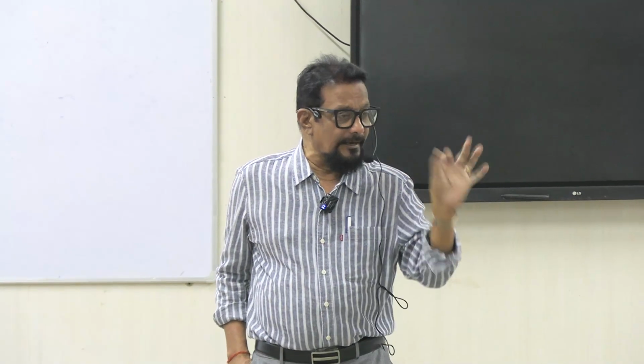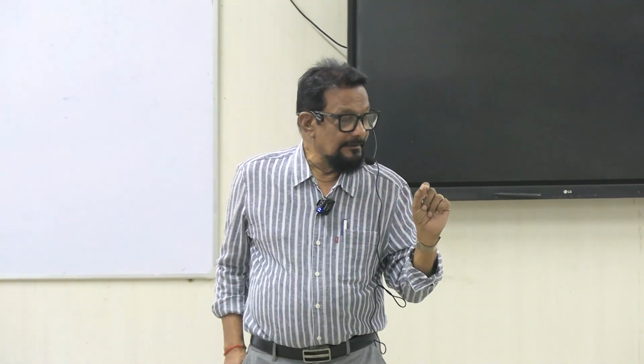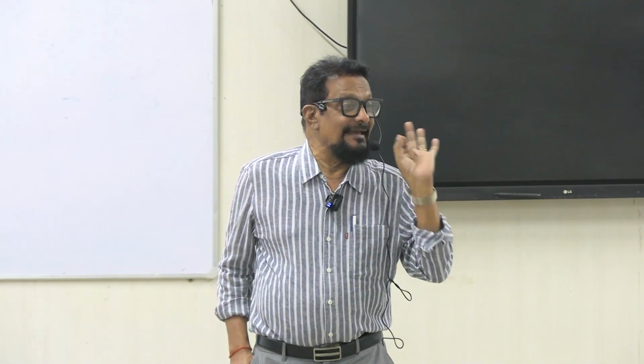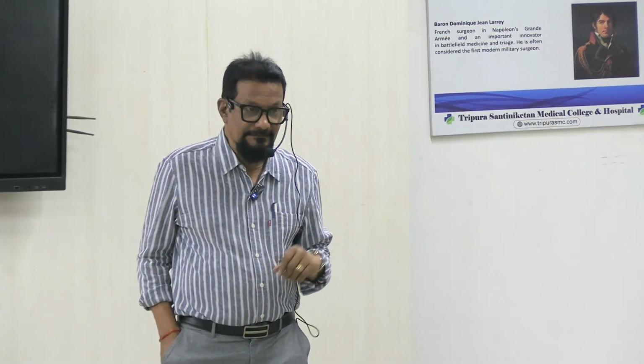All are synonymous. This bilirubin is toxic, as we discussed in our earlier class. It is very toxic for the brain cells and other cells, so it must be eliminated.